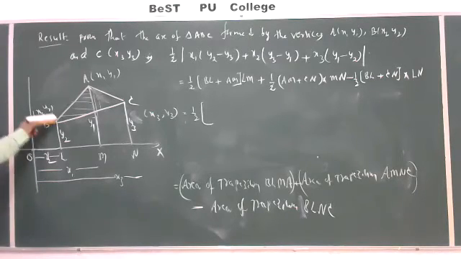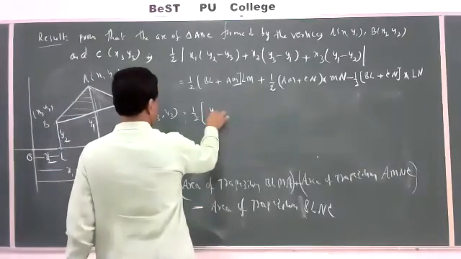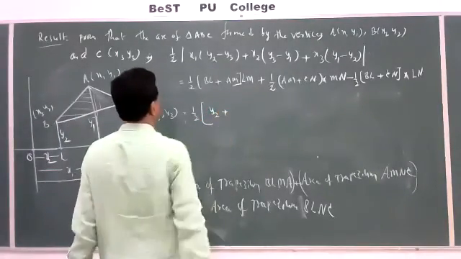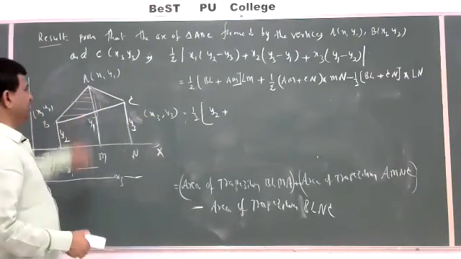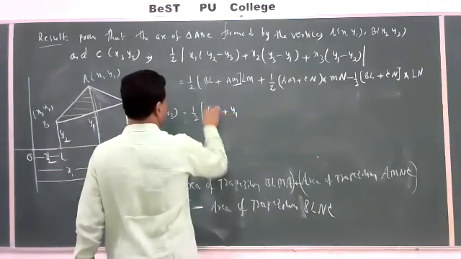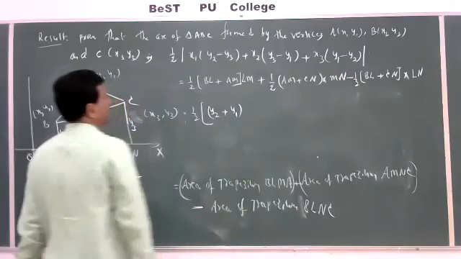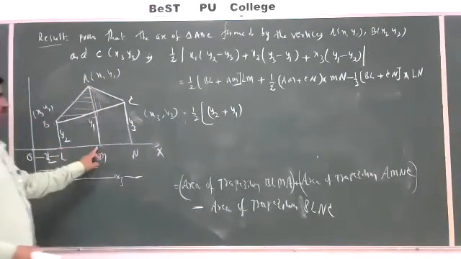Tell me first, what is the BL value? It is y2. Y2 plus the AM value y1, into the LM value. What is LM?